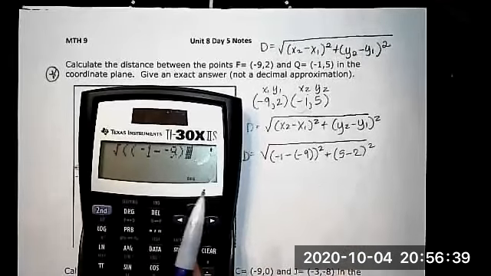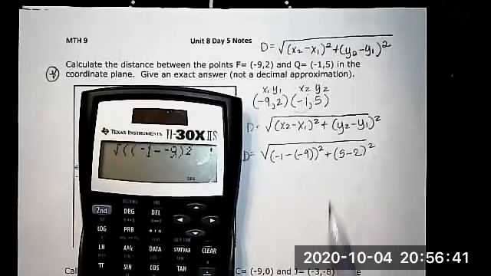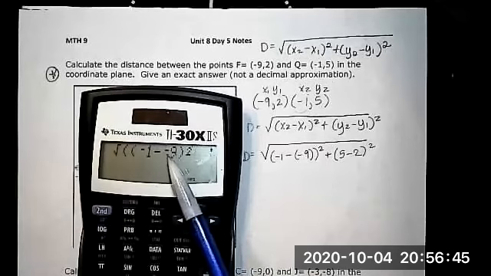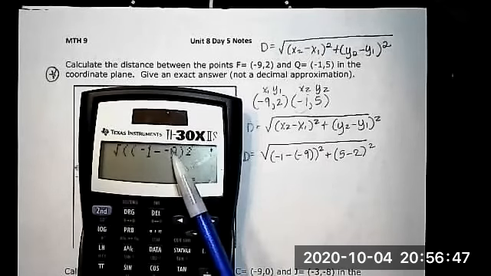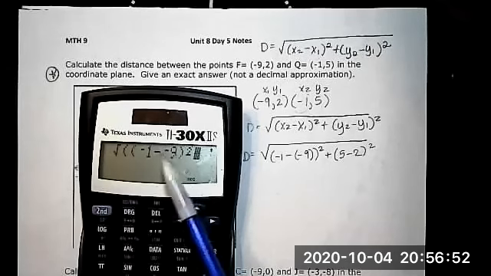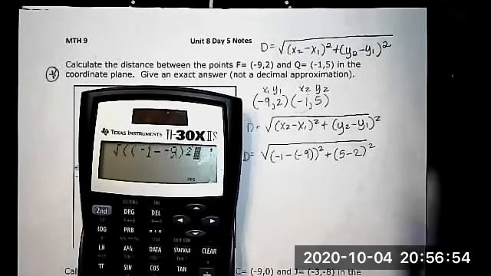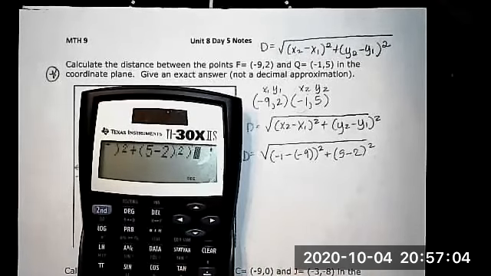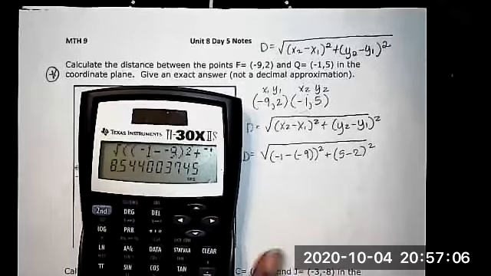Squared. If you didn't put the double parentheses and all that, if you put it like this, it'll understand it. If you put minus negative, in real life I don't like that, I'll just make it plus, but you can do that and it'll still understand it. Plus parentheses 5 minus 2, and also square that, and then don't forget that last parentheses after, because we put a double one in the front.